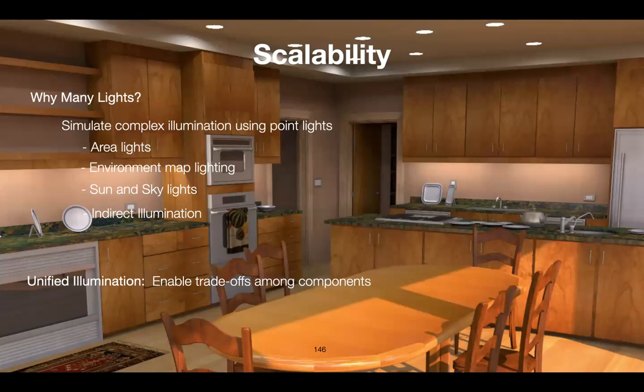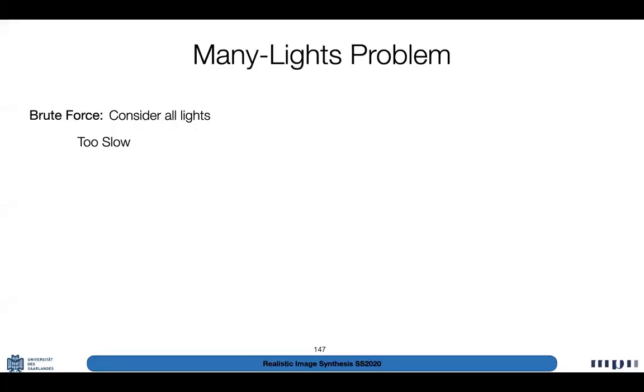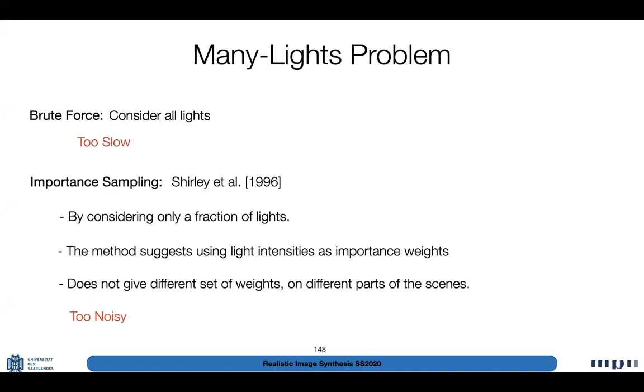So this approach, LightCuts, was developed about 15 years ago by Walter and colleagues. The idea is really simple, but it considers all light sources, which means that it is slow.